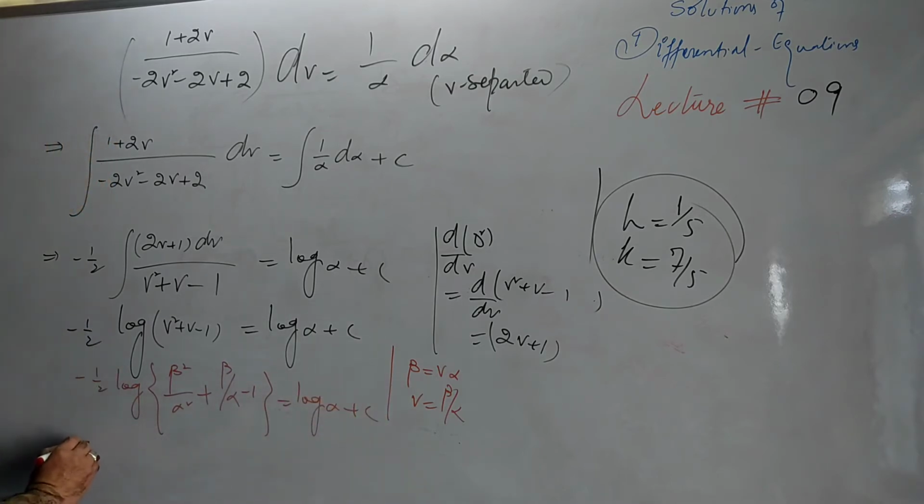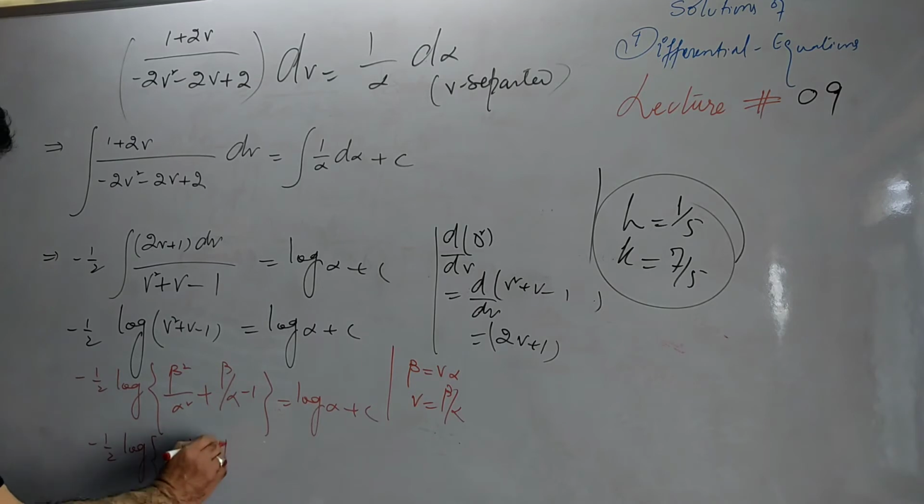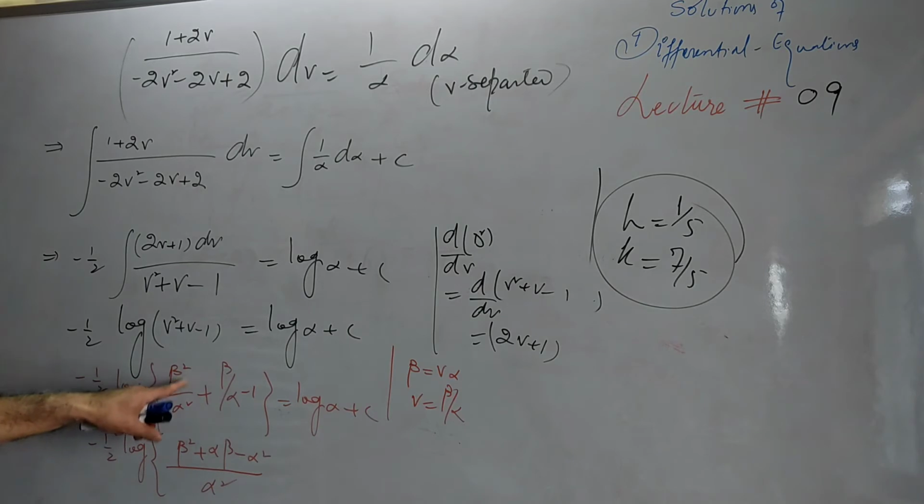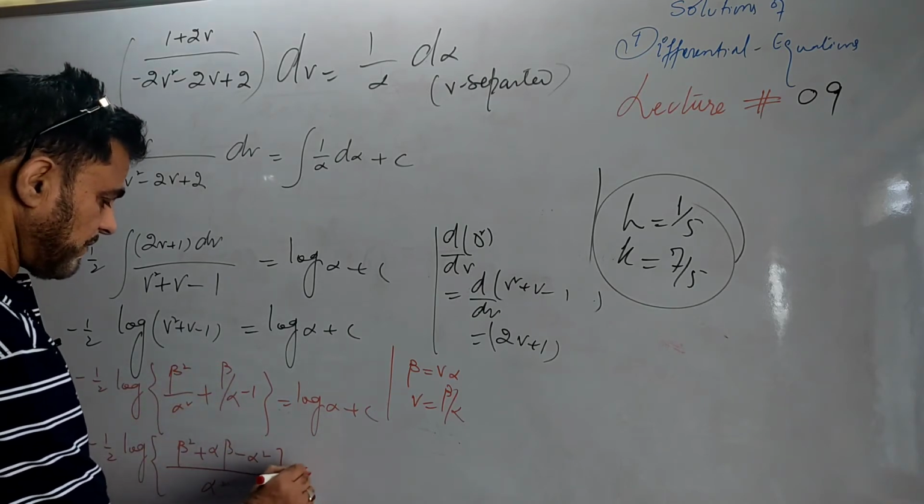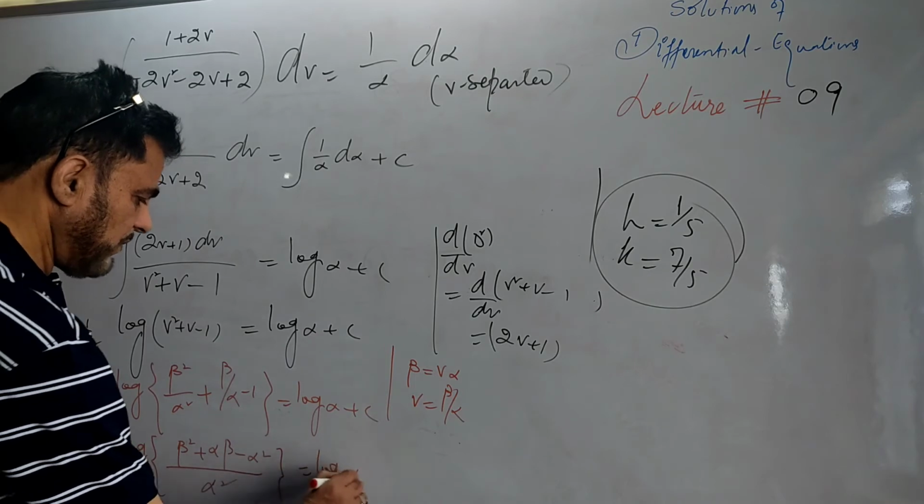That gives minus 1 by 2 log of, taking LCM alpha square, beta square plus alpha beta minus alpha square by alpha square, is equal to log of alpha plus c.